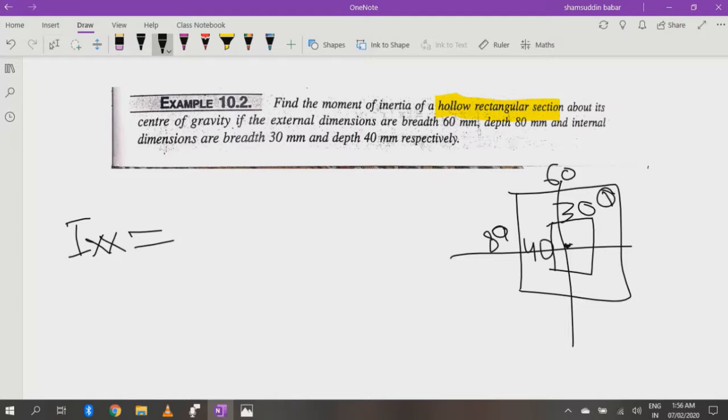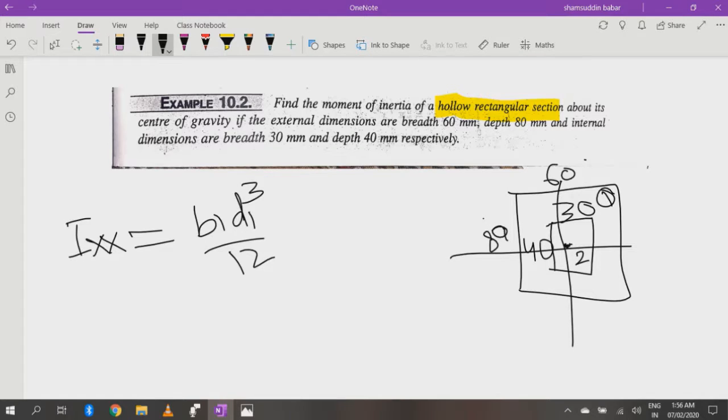This is my first section. The first section is the whole depth of the rectangle, meaning 80 and 60 both, and my second section is this 30 and 40. So for the first section my moment of inertia will be b1 d1 cube upon 12.